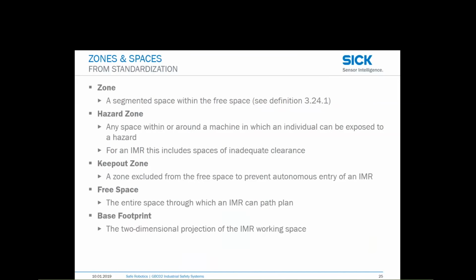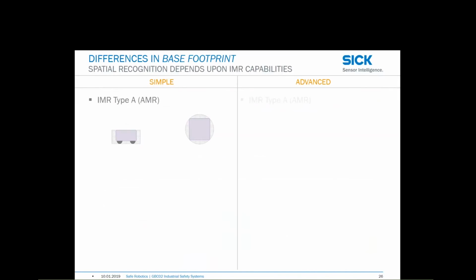And that brings us to base footprint. The two-dimensional projection of the IMR in the working space will become its base footprint. So what do we need to consider when we think about the base footprint?